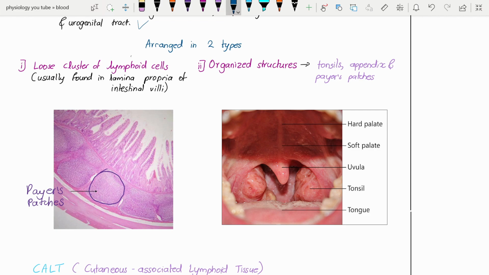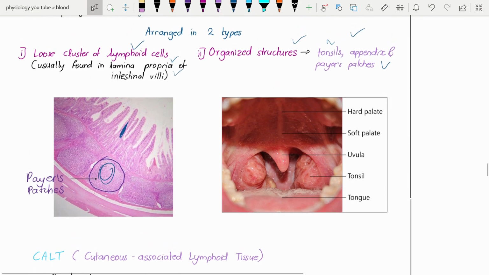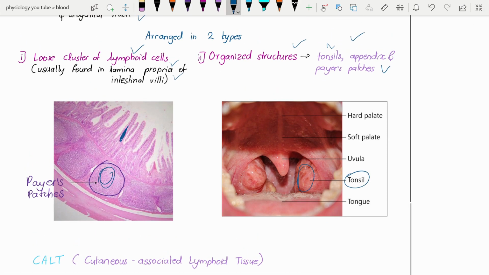One is the loose cluster of lymphoid cells, usually found in the lamina propria of the intestinal villi, as you can see here. The other type may be organized into structures like tonsils, appendix, and Peyer's patches. You can see Peyer's patches, which are present in the ileum, and the tonsil here.